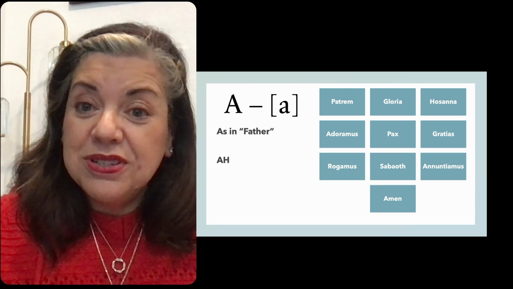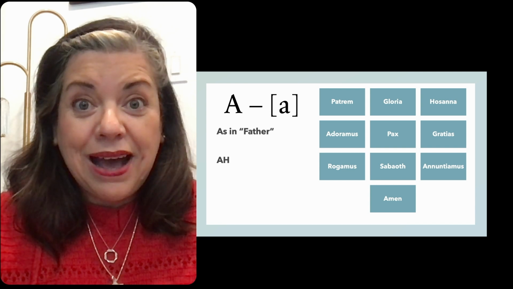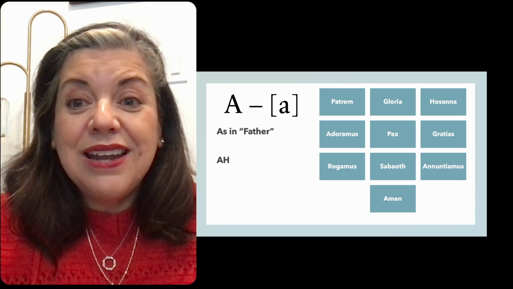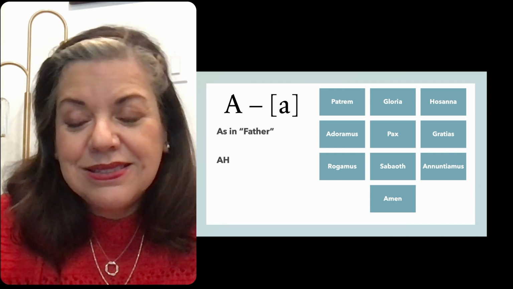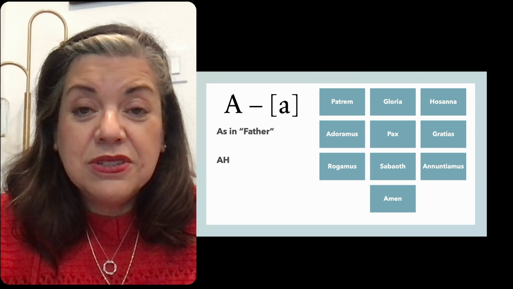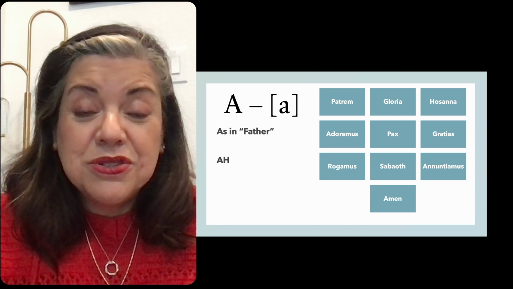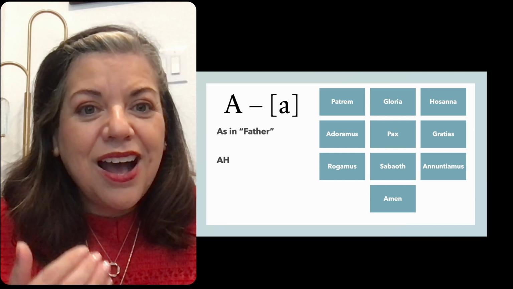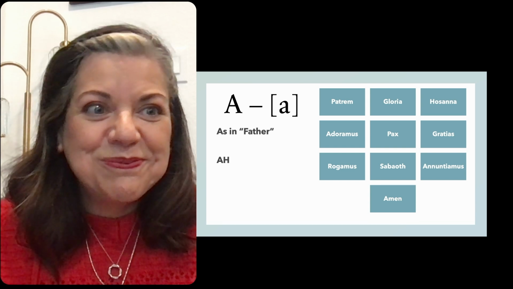So in these words on this slide, we can go through them and say Patrem, Gloria, Osana, Adoramus, Pax, Gratias, Rogamus, Sabaoth, Annunciamus, Amen. So you hear that ah sound for the A, always.